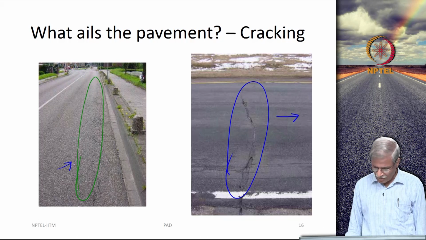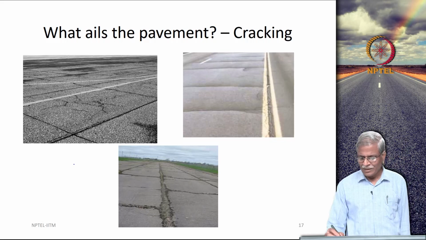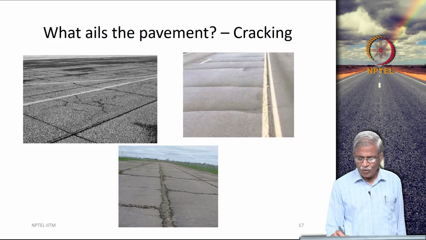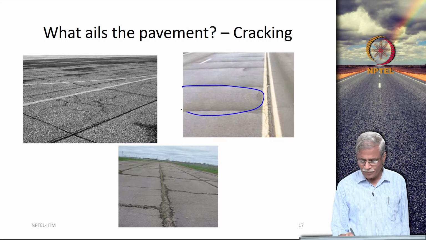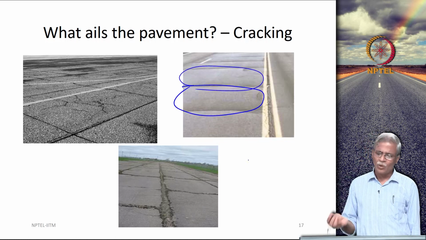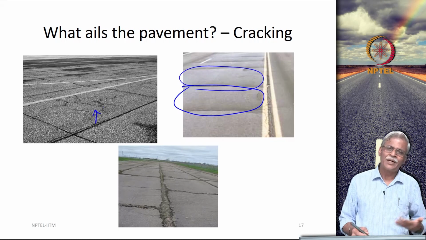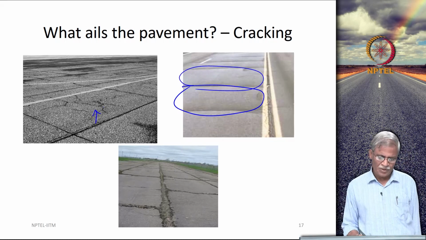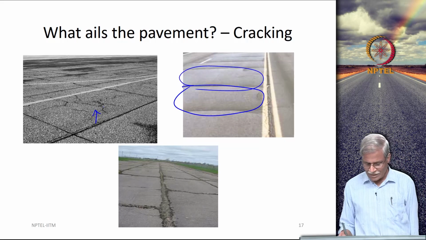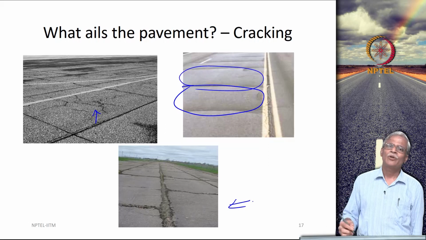Okay, so, this is the kind of cracking that can happen. There are many types of cracking, most of which form cracks like a block. This could be due to low temperature cracking. There could be some cracks that emanate from the bottom and come to the surface, something called reflection cracking, and you can have many types of cracking.